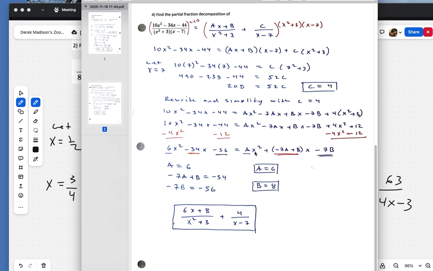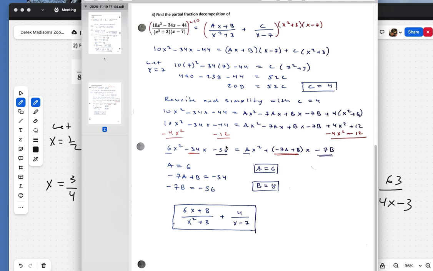ax squared, that's my only x squared term. The 7ax and the bx, those go together, so I'm factoring the x out, and I can see my coefficient there. And then that minus 7b is right there on the end. So now I can match up my coefficients for each of my terms.